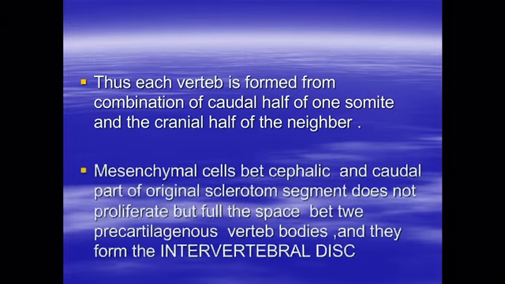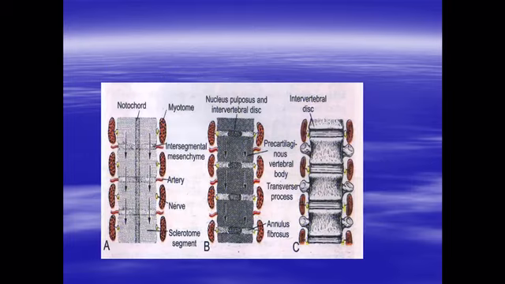Mesenchymal cells between the cephalic and caudal part of the original sclerotome segment do not proliferate, but fill the space between the precartilaginous vertebral bodies and they form the intervertebral disc. This is how the intervertebral disc develops.